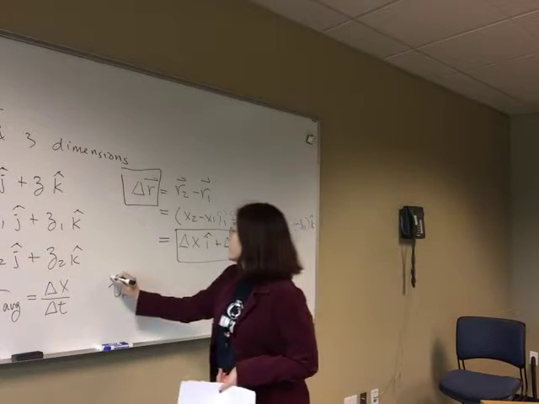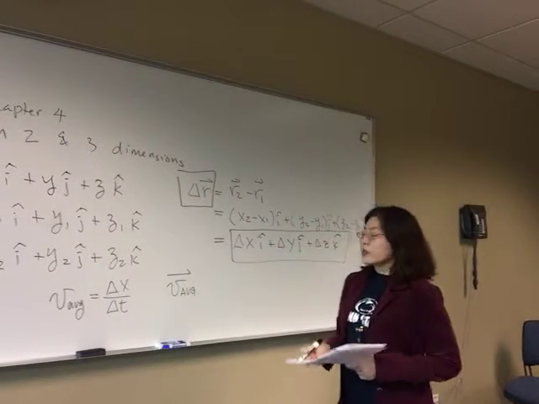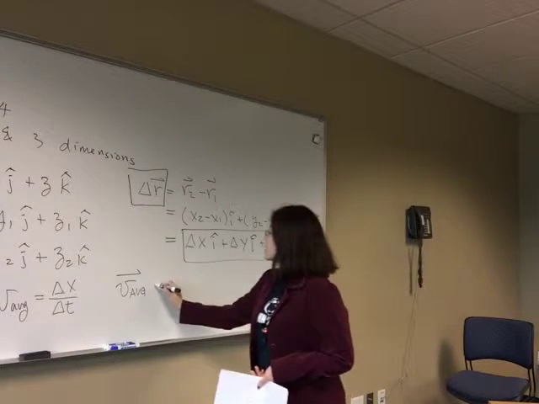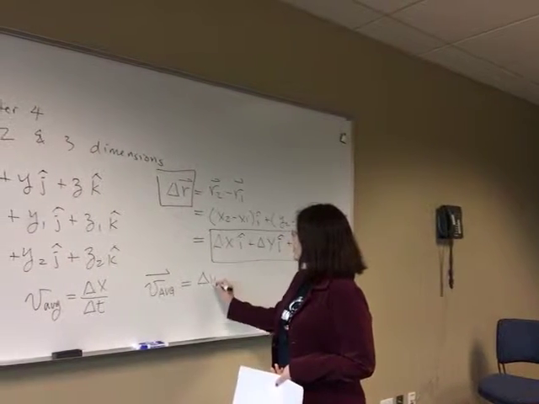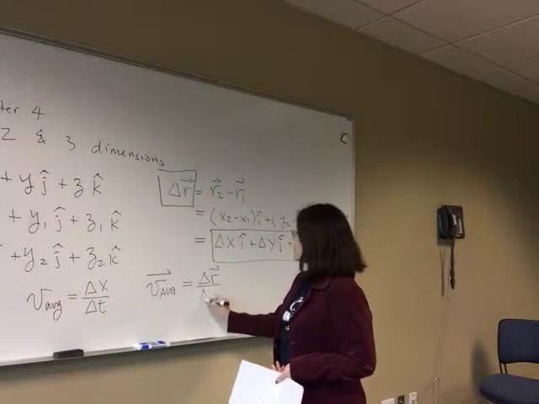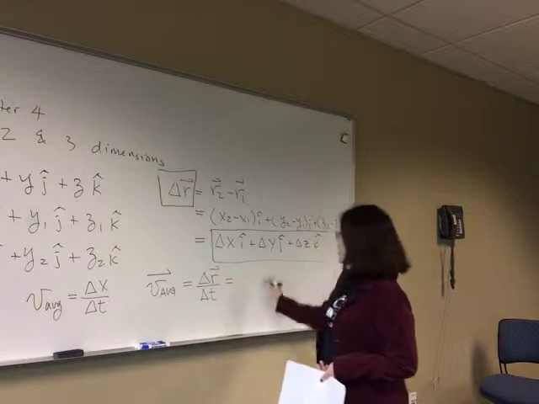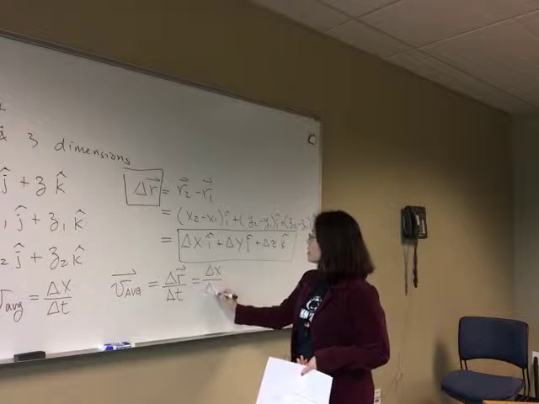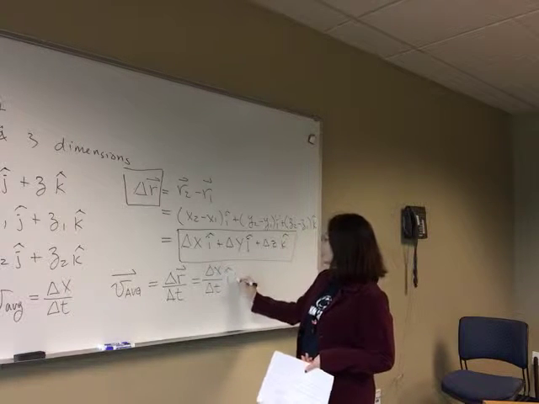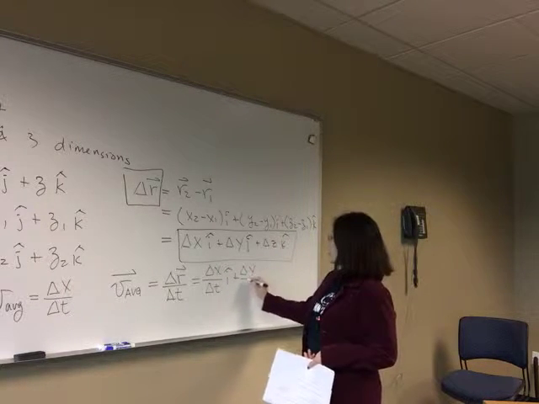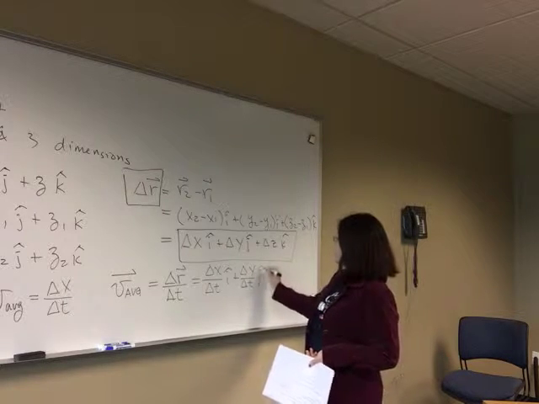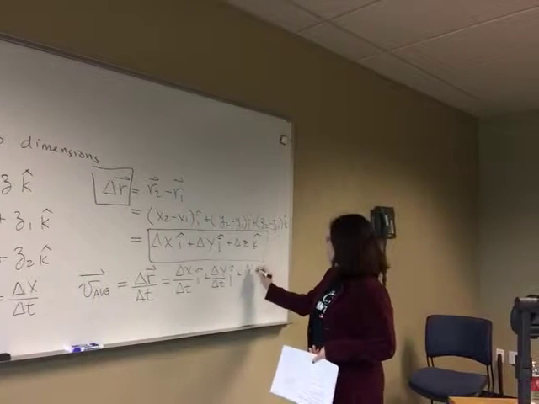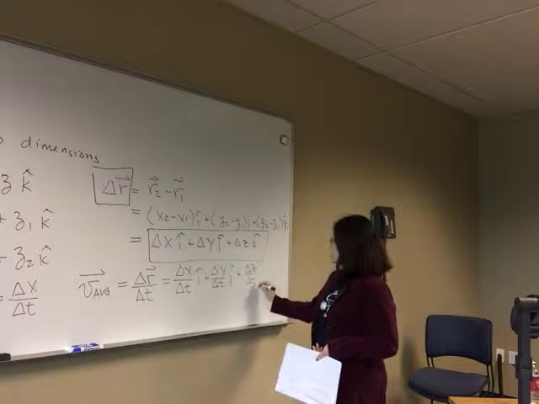So the average velocity vector is equal to delta r over delta t. You can expand it: delta x over delta t i hat, delta y over delta t j hat, and delta z over delta t k hat.